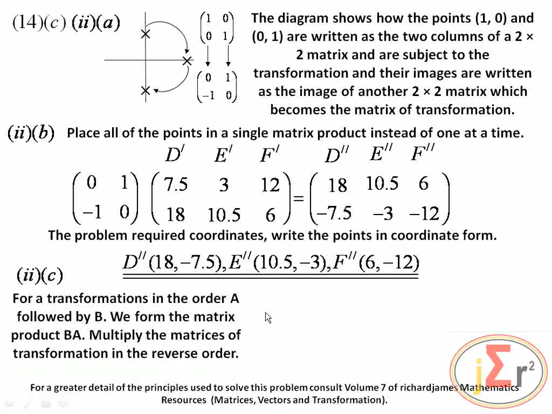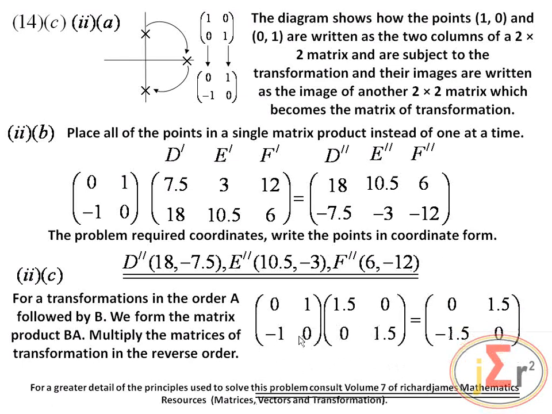For a transformation in the order A followed by B, we form the matrix product BA. So multiply the matrices of transformation in the reverse order. Whereas we did an enlargement followed by a rotation, we will multiply them in the reverse order. So the matrix of the rotation will go first, and the matrix of the enlargement will go second in the product.